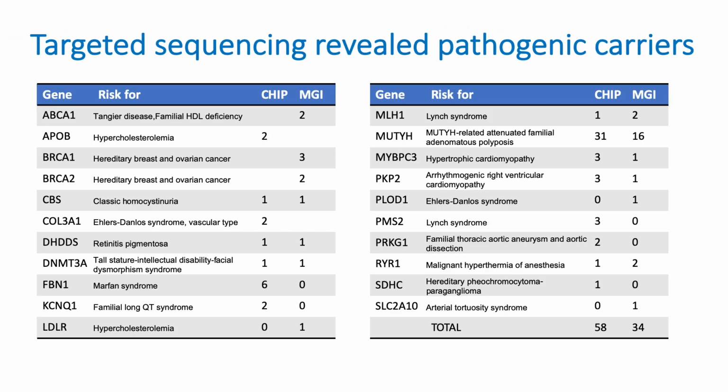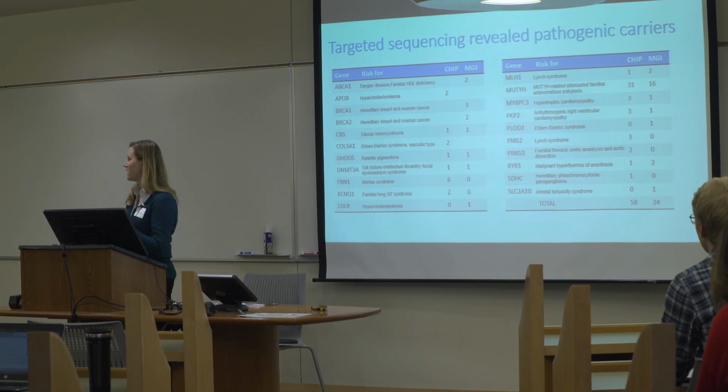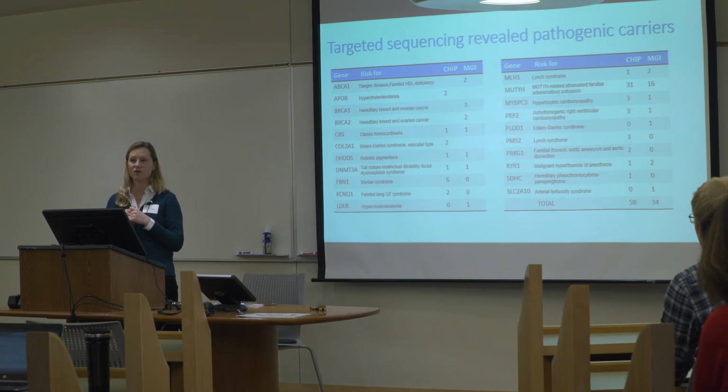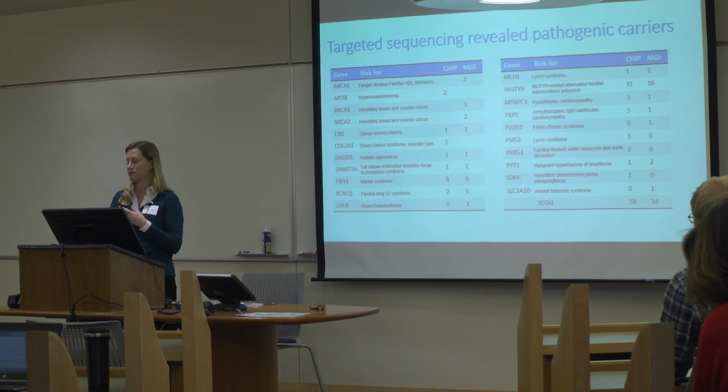We're just starting to process the data, but included in our panel were the 56 ACMG genes, which was the ACMG list at the time we designed the panel. And what has just recently been returned to us is this table that of the around 11,000 individuals we sequenced, about 58 in CHIP have pathogenic calls for one of the ACMG genes, and 34 individuals in MGI.